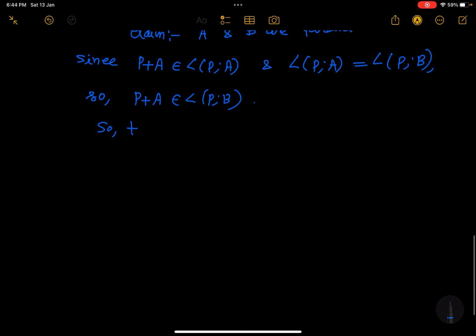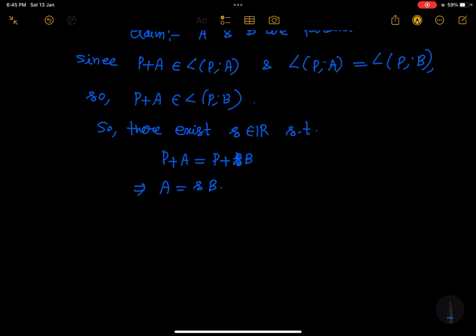So there exists some S belonging to R such that this point P plus A will be P plus SB. That means that A equals SB.